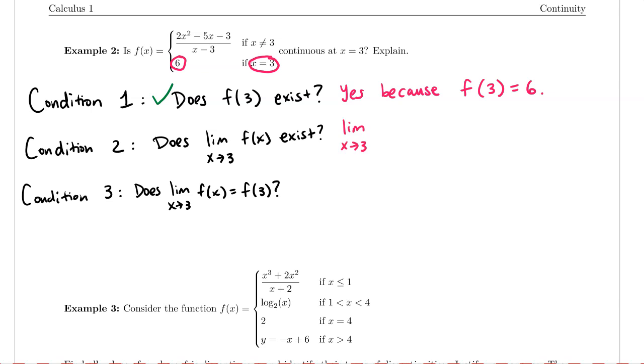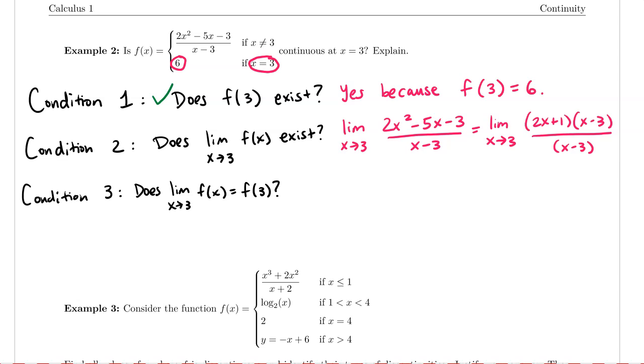Notice that anywhere x is not equal to 3, our function is defined to be this rational function. So we can take the limit as x approaches 3 of 2x squared minus 5x minus 3 over x minus 3. I'm going to factor my numerator, and this will factor into 2x plus 1 times x minus 3, and I still have x minus 3 in the denominator.